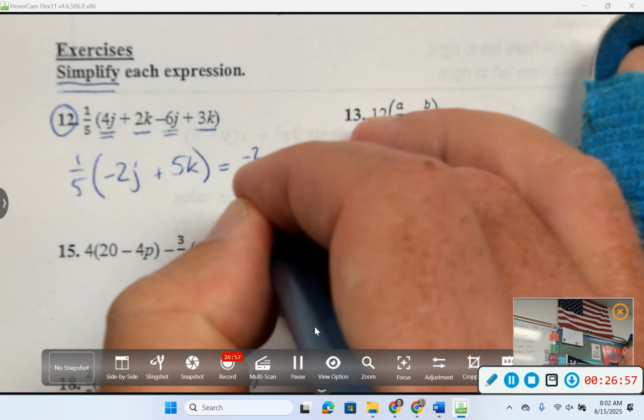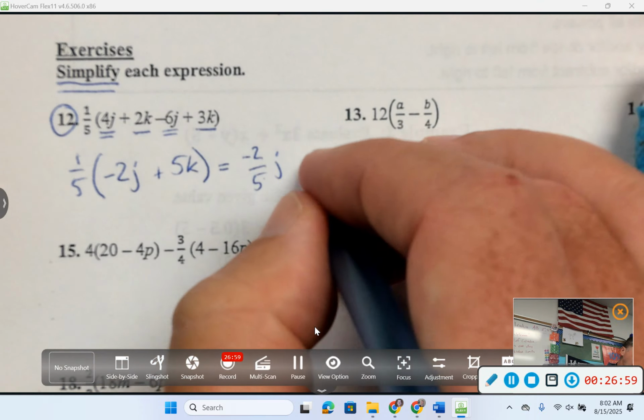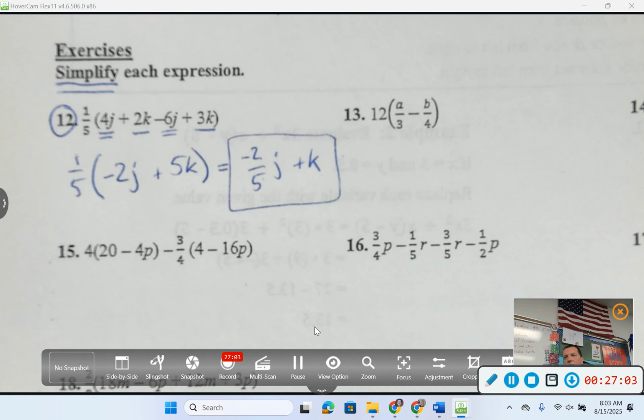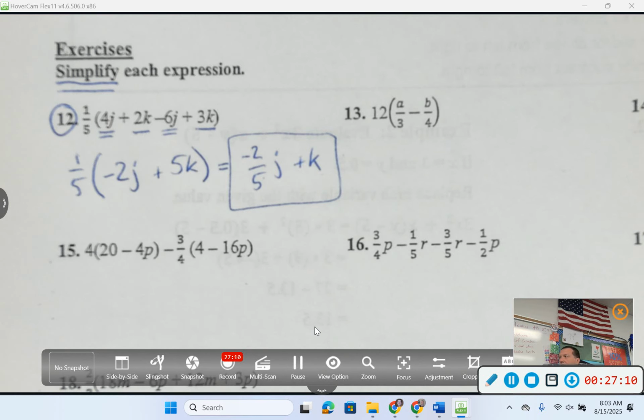So negative 2/5 j plus k. Again, this whole worksheet is just lots of little algebra stuff to hopefully get your brain flowing in the algebra world.